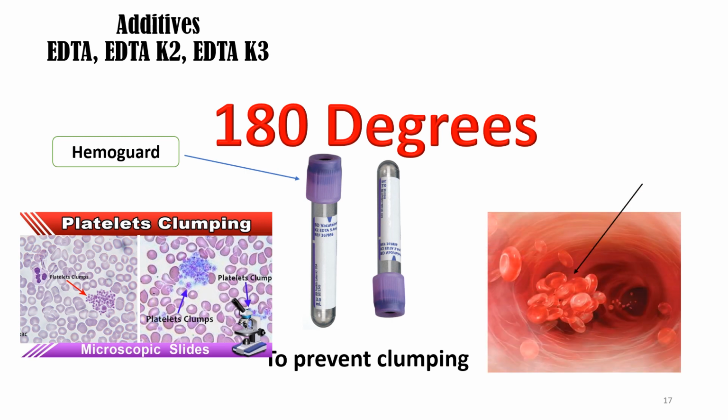So if you don't follow the proper order of draw, if you don't follow the proper inversion angle, you will activate platelet clumping and red blood cell clumping, which is going to help the machine read the wrong size of the cell, and is going to help the machine give you a wrong test result.